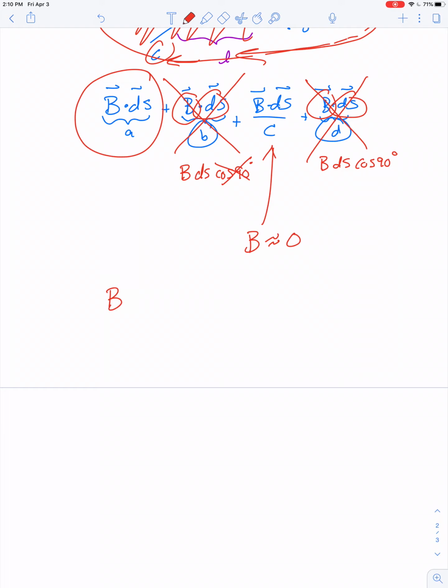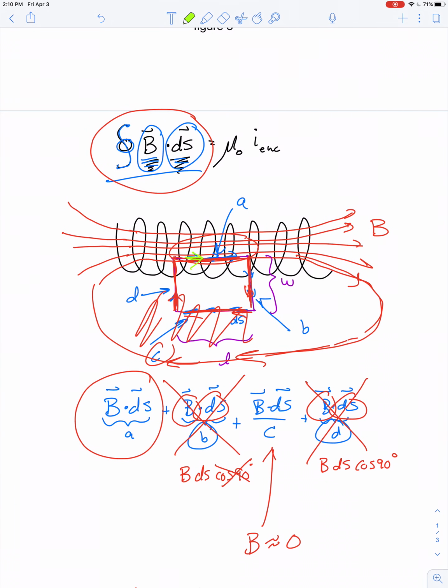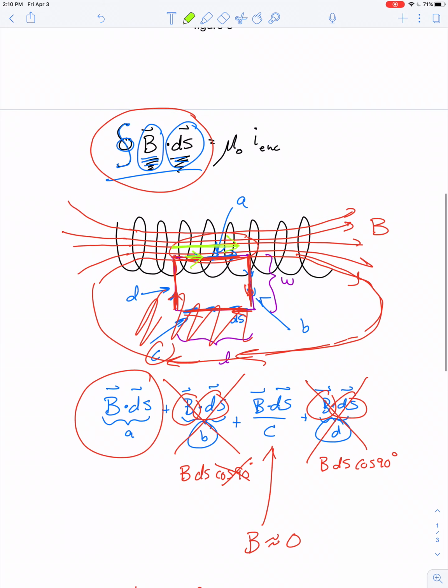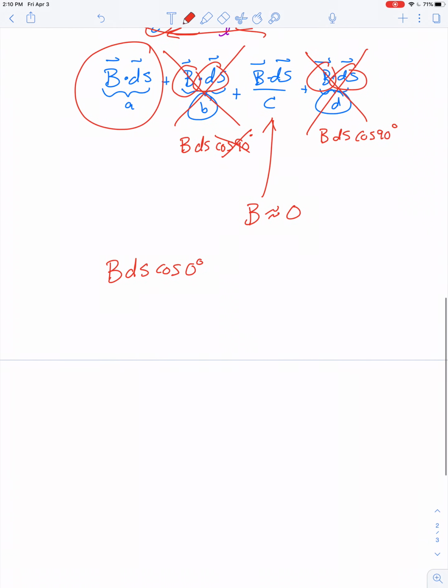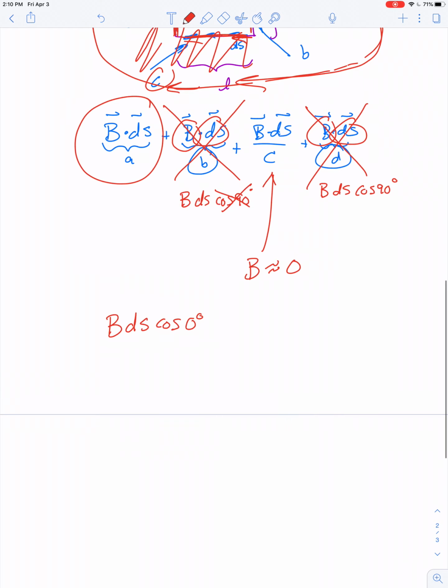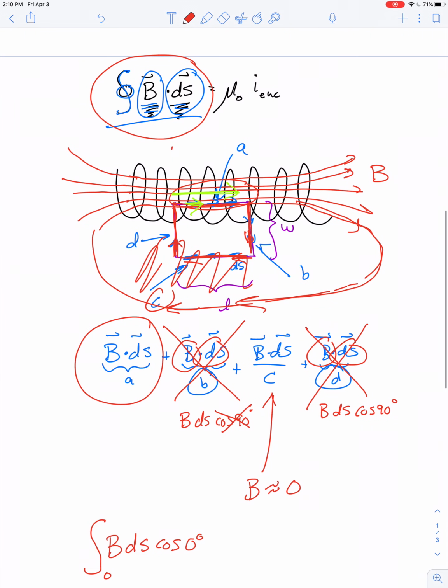So we have B ds cosine of 0 degrees in this case, right? ds points to the right, magnetic field line points to the right, so the angle is 0 degrees. So I need to take the integral of B ds cosine 0 from x equals 0 up to x equals L.